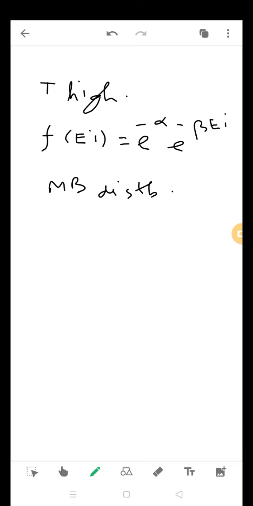So what we can infer is that at high temperature the MB distribution is one of the cases of the BE distribution.